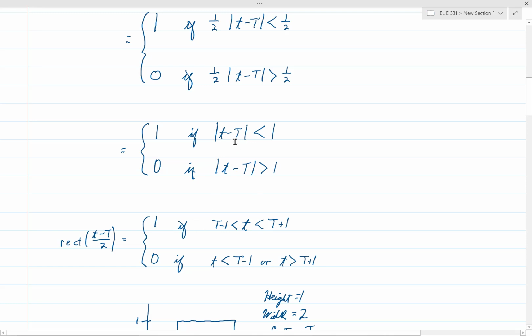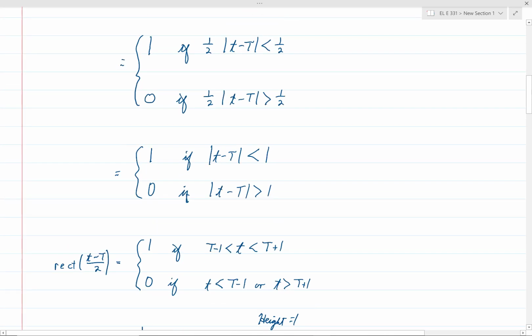Well, if the distance between little t and capital T is less than 1, what that means is that little t is somewhere between capital T minus 1 and capital T plus 1. And on the other hand, if the distance between little t and big T is greater than 1, then either little t is less than capital T minus 1 or it is greater than capital T plus 1.